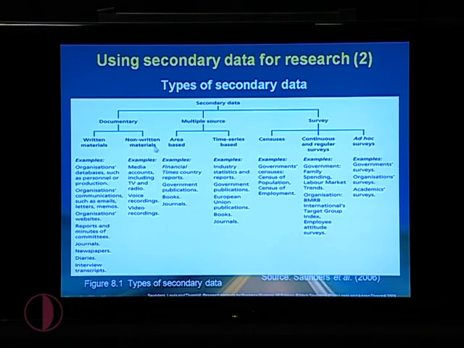There is non-written material from the media, TV, videos, whatever. And multiple source data depends on the area or the time: government publications, books, journals, and time, something related to the year or time of the year.